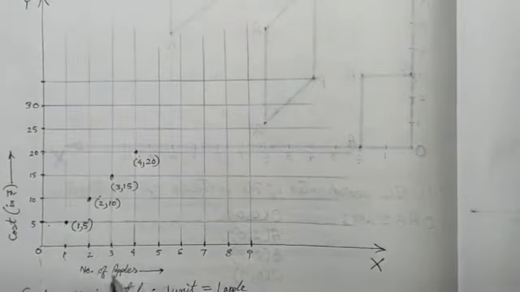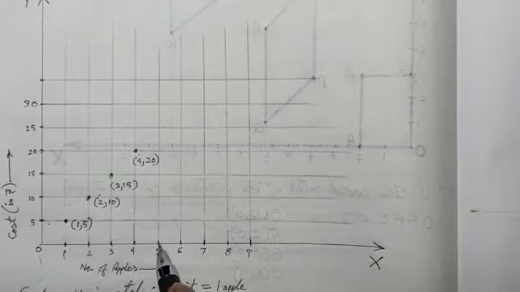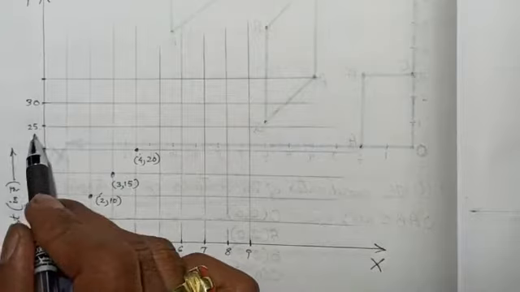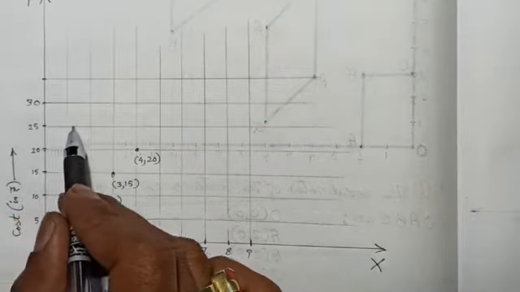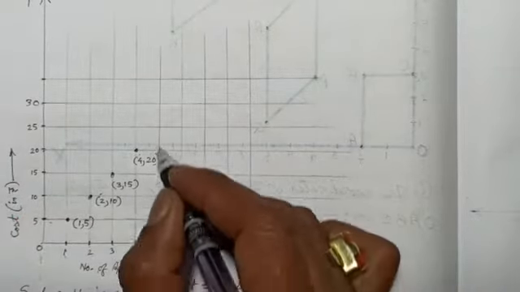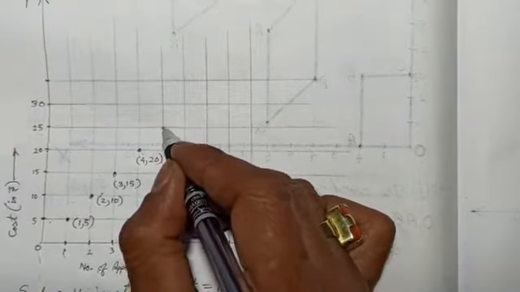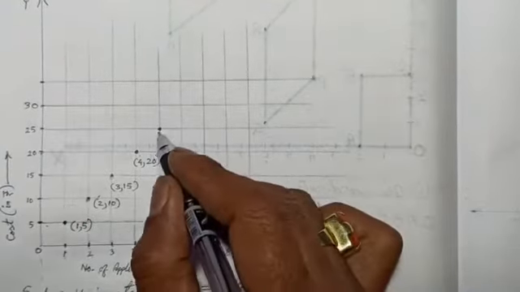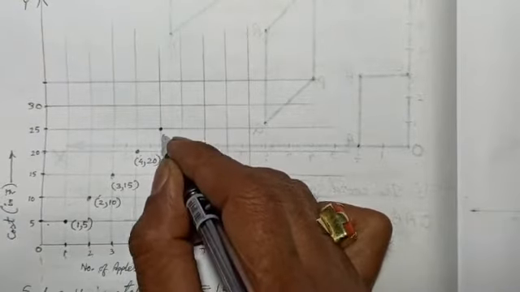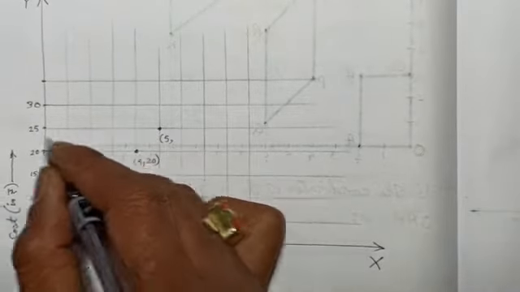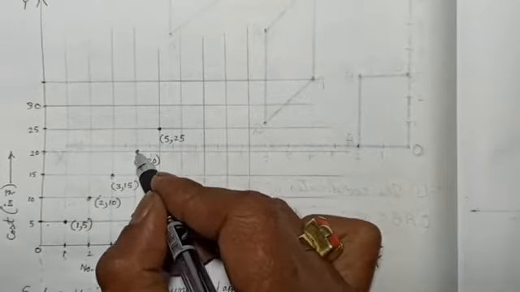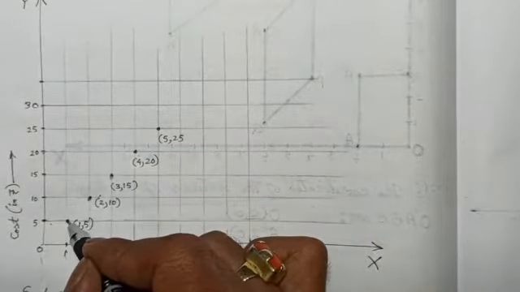So number of apples 5 is here, drawing a perpendicular line, and cost rupees 25, drawing another perpendicular line, and the two lines intersect here. And the coordinate of this point is 5 and 25. Now let's join this point, this point, this point, this point and this point.